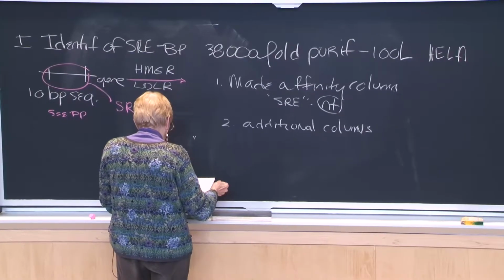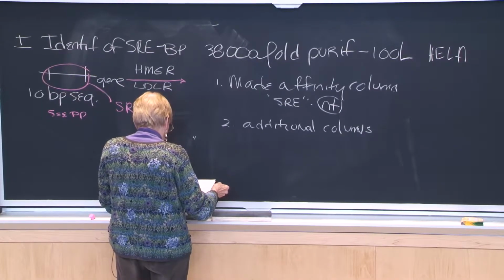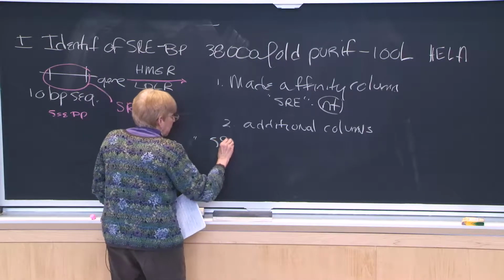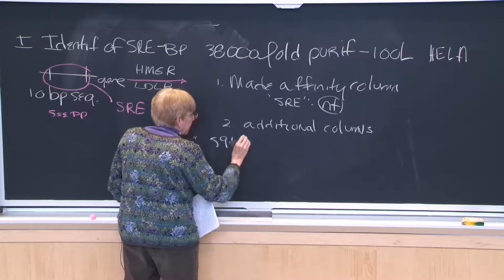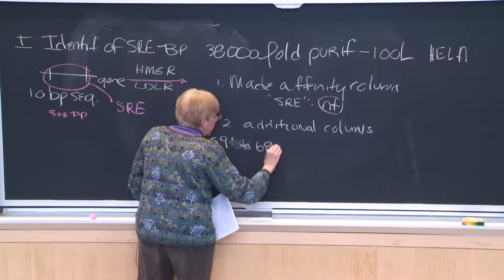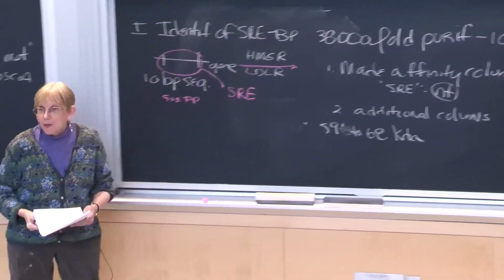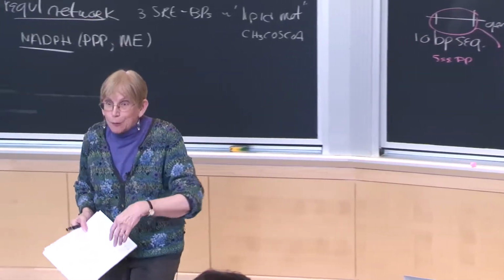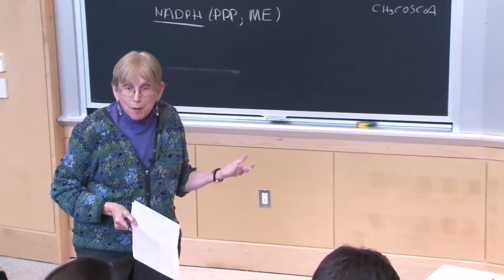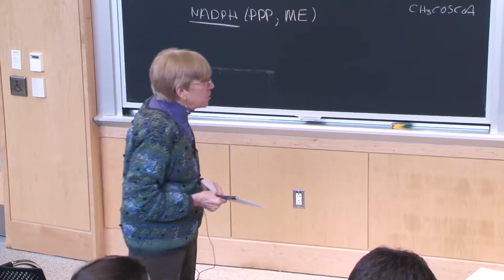Somewhere I have the size written down, 59 to 68 kilodaltons. So either the protein had been degraded, or we will see the protein has been processed or was being processed during all this workup, and there are many things that could have happened to this process.